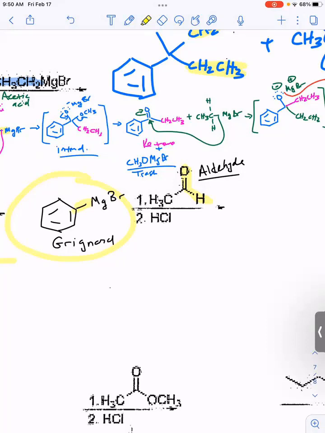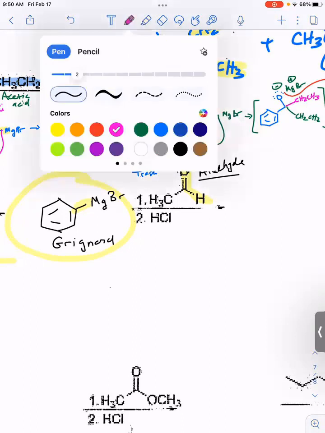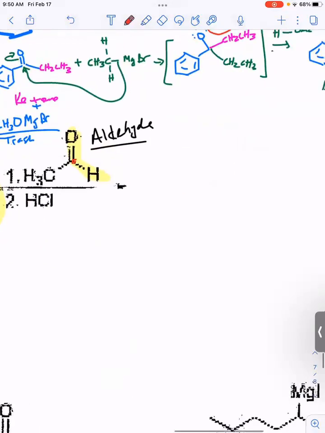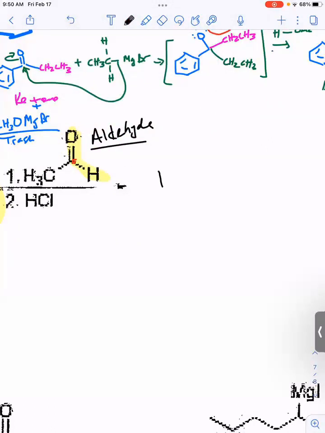So you're gonna get a new carbon-carbon bond between the aromatic carbon here and the carbonyl carbon here. That product is gonna look like this.